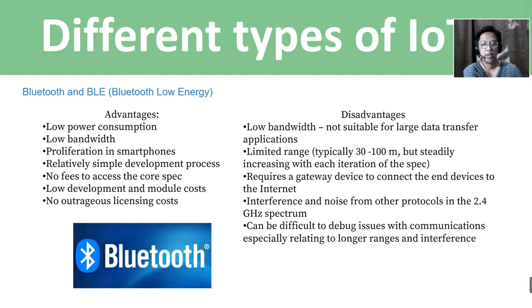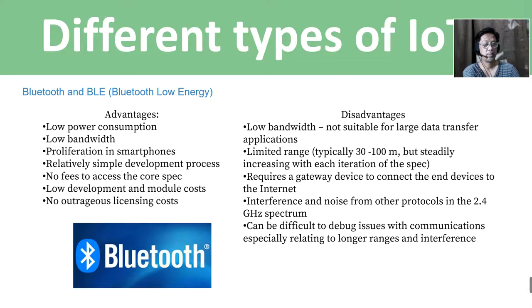Disadvantages: low bandwidth, so you can only transfer a relatively small amount of data to and from your device to your processing center or your processing server. Limited range, typically 30 to 100 meters, but steadily increasing with each iteration of the spec. As of now, it's 100 meters.